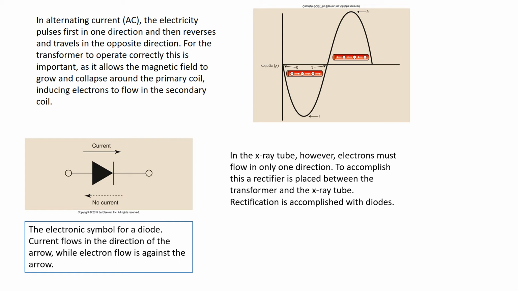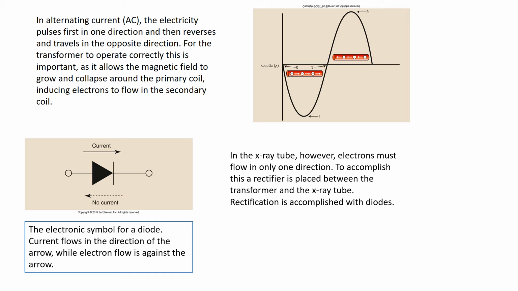It's not written on there, but if current is flowing in the direction of the arrow, electron flow would be in the opposite direction, against the arrow. So current flows with the arrow in a diode, but electrons flow against the arrowhead.